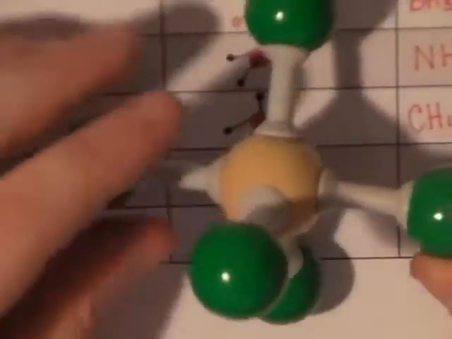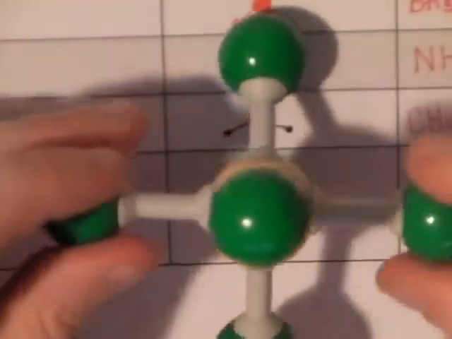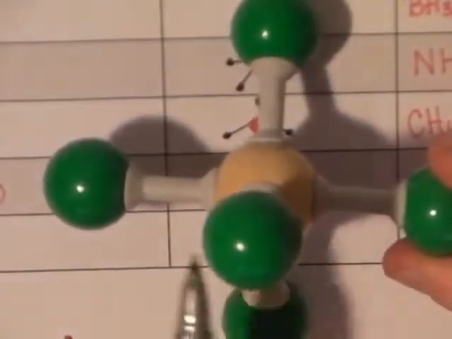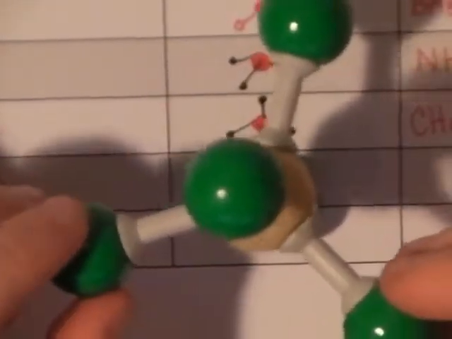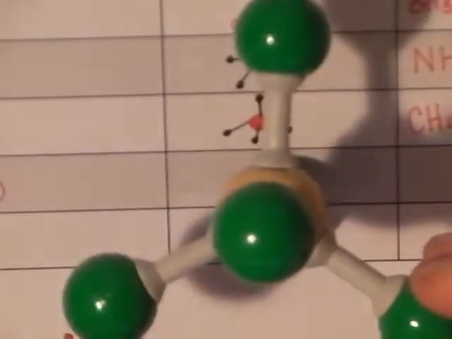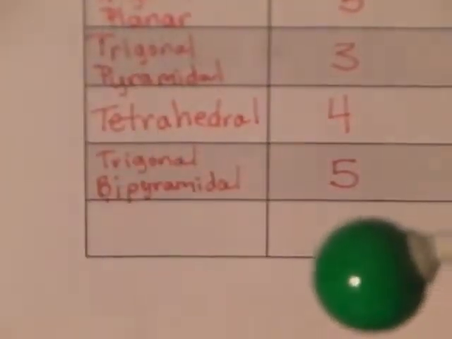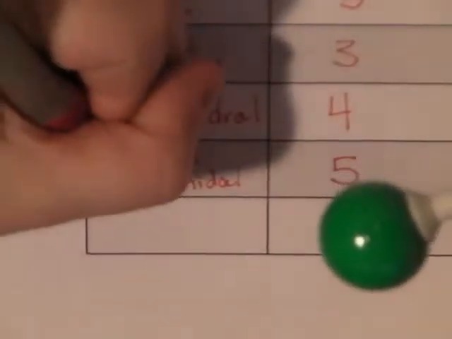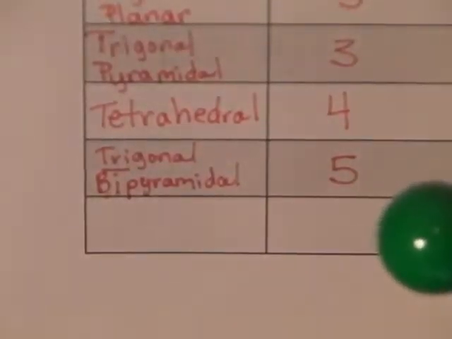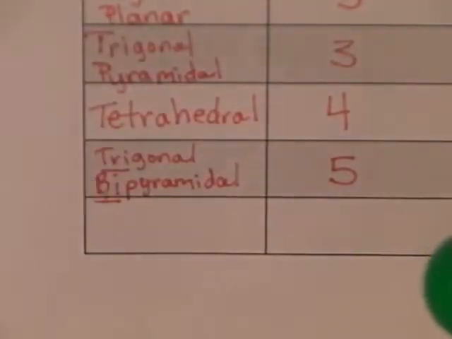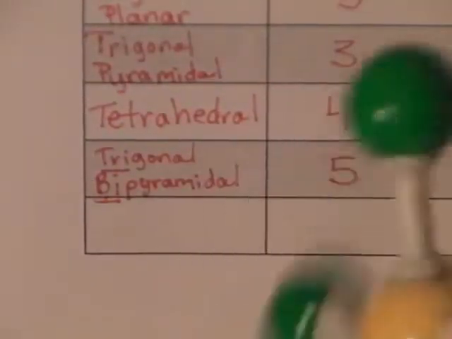Linear, right here, going straight across this way, and then trigonal planar with these 3 coming out this way. A way that might help you remember that this one has 5 is that it's trigonal bipyramidal. If you put tri and bi together, it makes 5. So that might be an easy way for you to remember 5.